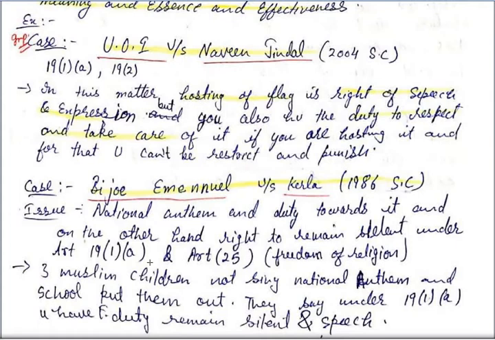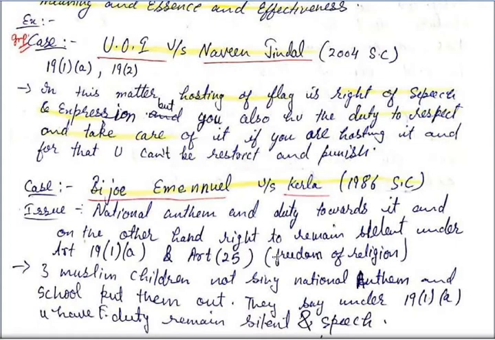They belonged to a religion, and it is also related to Article 25, freedom of religion. They claimed that in their religion, singing for anyone apart from their God is prohibited. अपने ईश्वर के अलावा किसी और के लिए गाना गाना is prohibited.